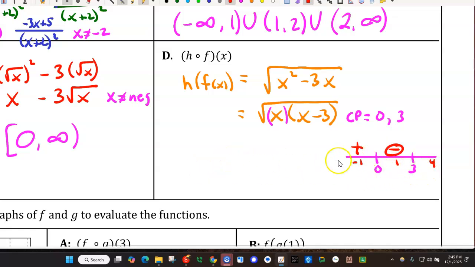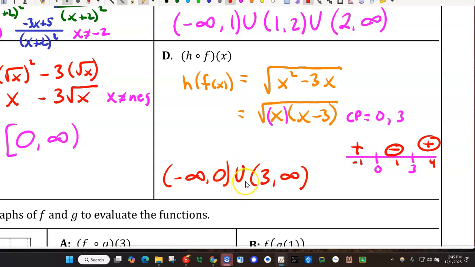So far, I have -infinity to 0. That's good. And then, same thing, plug in 4. 4 squared is 16. 16 minus 12, positive. So anything greater than 3 also works. And we've got the union.